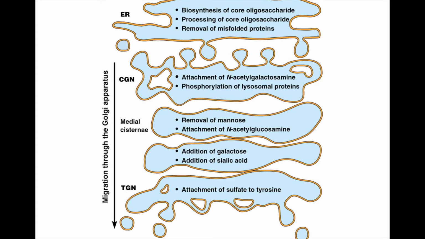And anything that is not properly folded will be removed. And we know that, for example, in the trans-Golgi apparatus, if there's going to be a sulfate added to tyrosine, that is added in the trans-Golgi apparatus. So there are things that are specific to these different compartments and proteins that perform these functions. And like I said, there are mechanisms for keeping those proteins out of the stream that is moving this way so that they stay put.